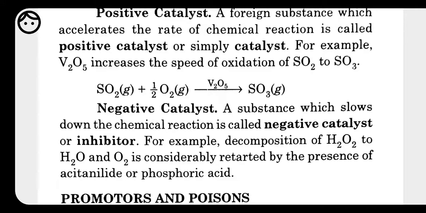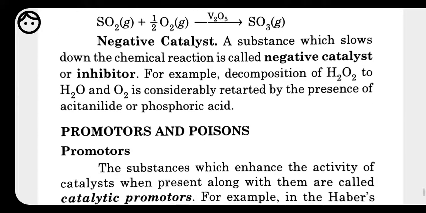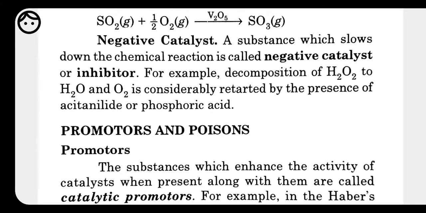So if we need to store H2O2, we have to add a negative catalyst which does not allow it to decompose into H2O and O2. Here we have some negative catalysts, that is phosphoric acid and acetanilide.